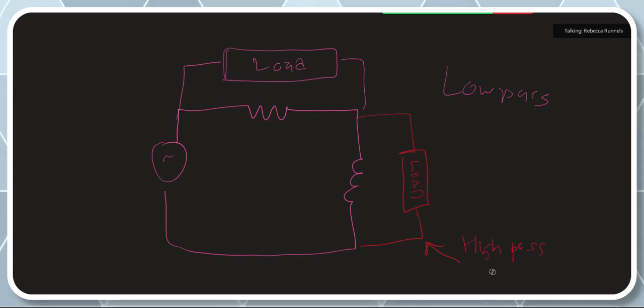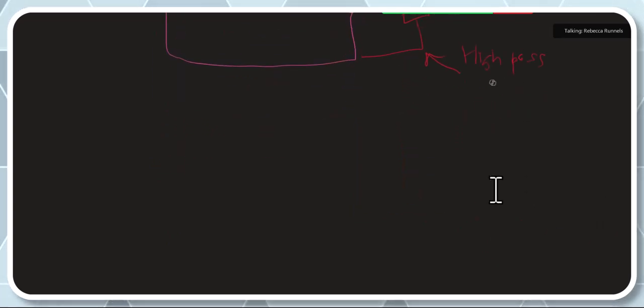So omega C for an RL is R over L, and omega C for RC is 1 over RC. And omega C for RLC will be 1 over the square root of LC. That's the same as the resonant frequency.